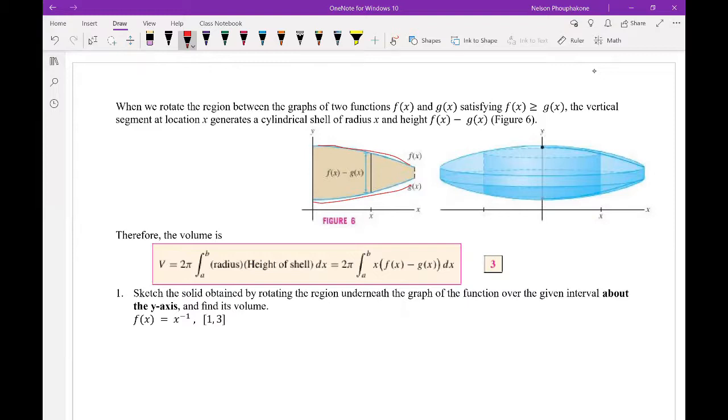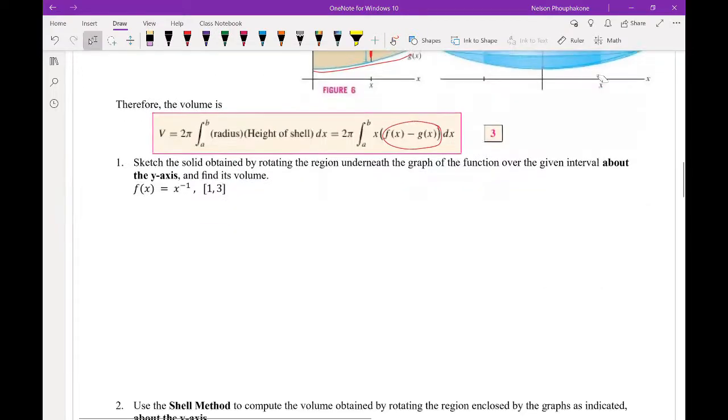Okay, so therefore in this case, if we have two functions, we just need to figure out what the height is, and the height will be f of x minus g of x. So then we have another formula. Again, the idea is still 2 pi integral between a and b of the radius times the height of the shell dx.